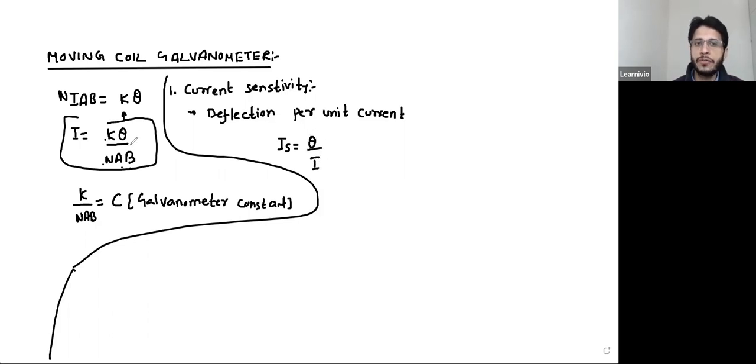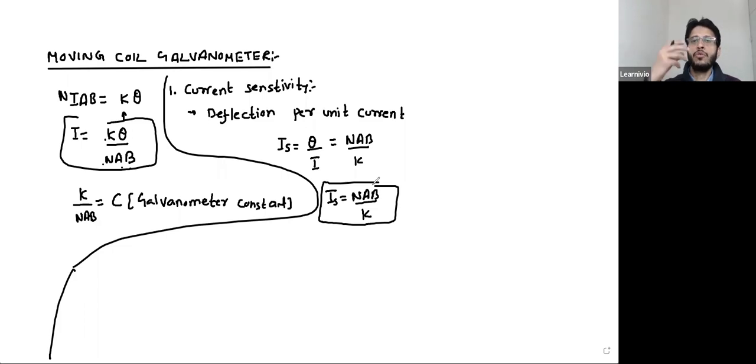So from this equation, if I calculate theta by I, then theta by I is NAB by K. So this is your current sensitivity: current sensitivity is NAB over K. We usually prefer a galvanometer having a high current sensitivity.